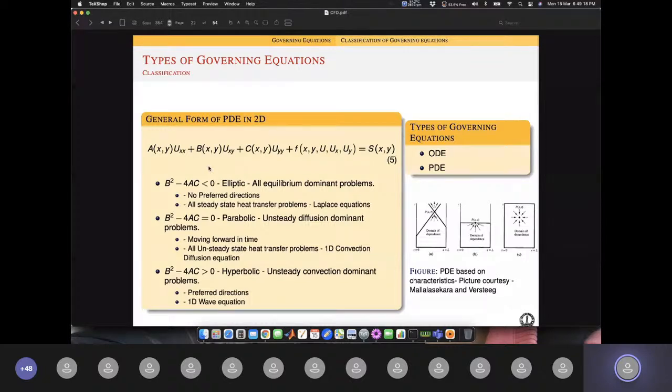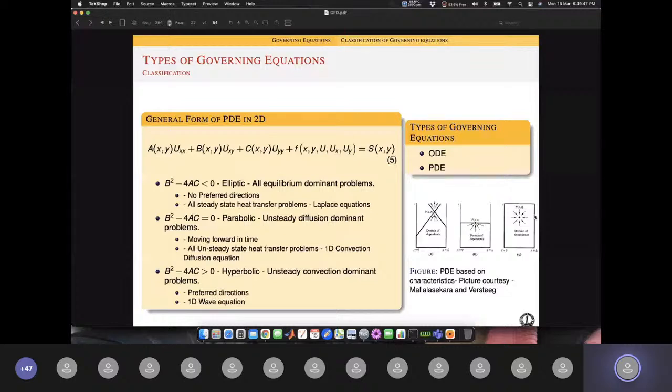Basically, you are looking at a solution of the Laplace equation from a mathematical point of view. These elliptic equations have no preferred directions. That means, as you see in figure C here, every point in the domain is influenced by every other point inside the flow field.